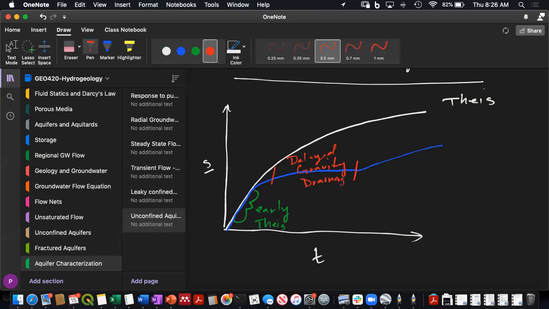It just takes a little while for it to catch up. And then we have this late time Theis response. Our drawdown starts to increase again at later times.